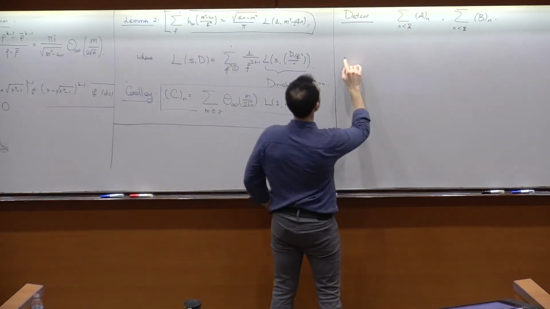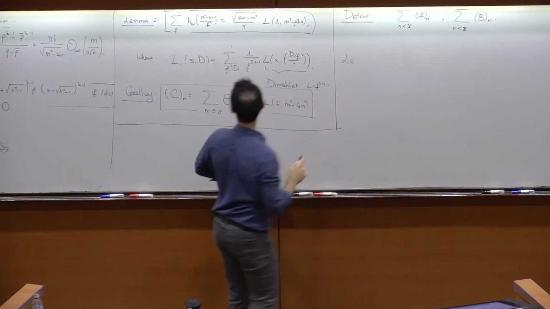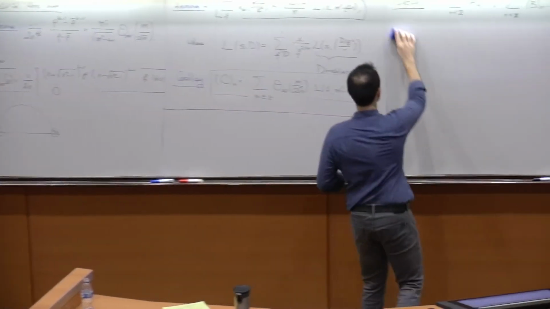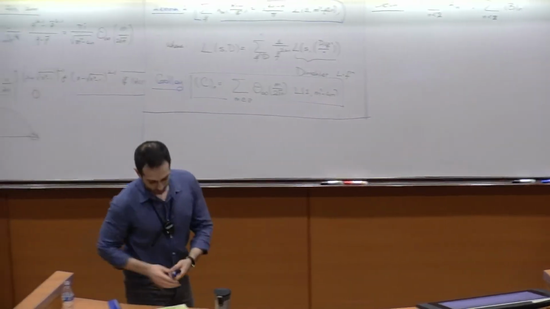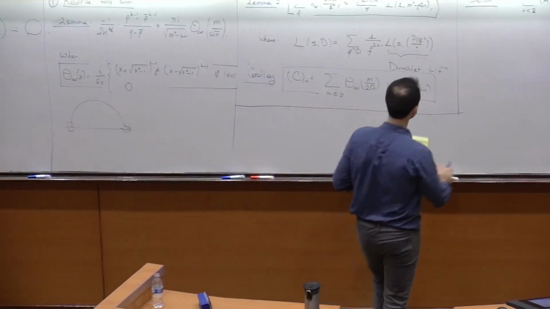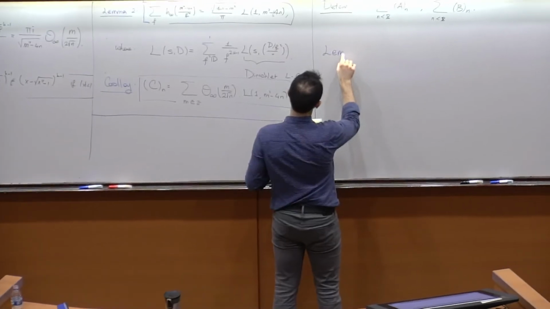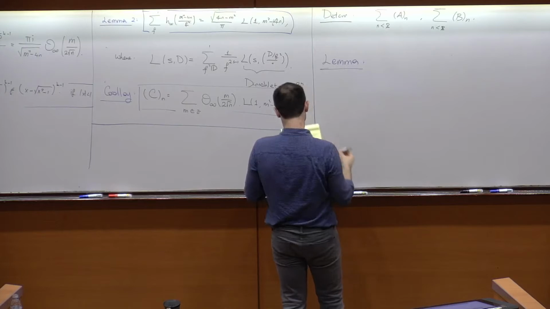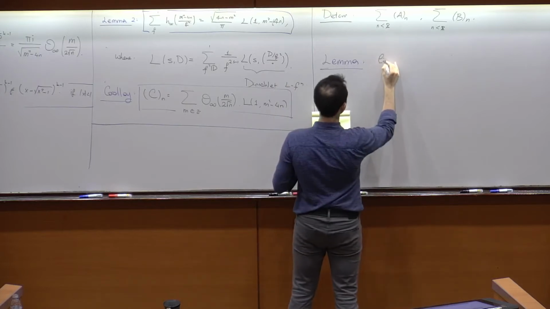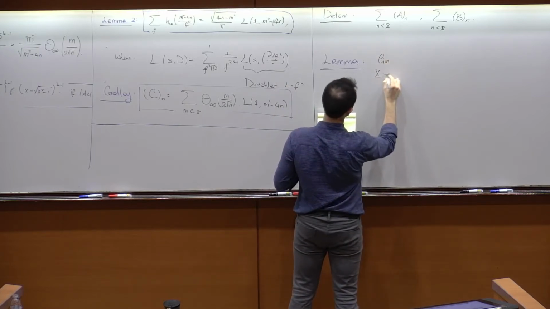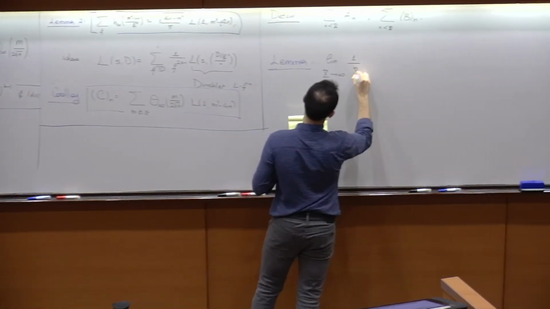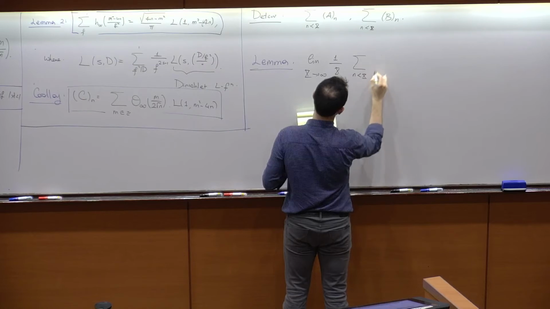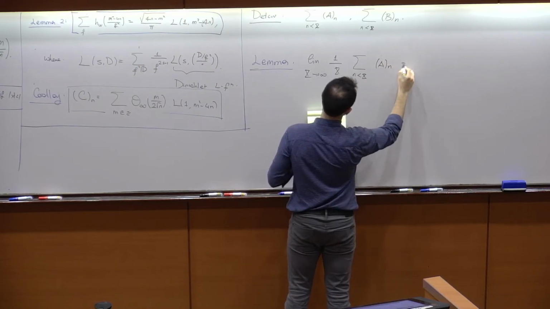Okay, so maybe a lemma. The lemmas are in this color. Let me remind you what these terms are in the lemmas. First of all, the limit as x goes to infinity of the contribution of the identity term is 0, actually.